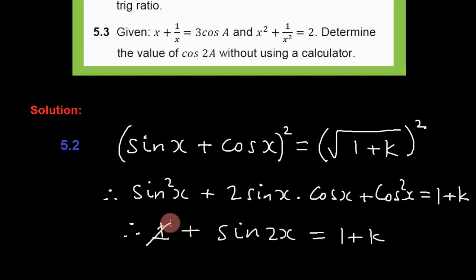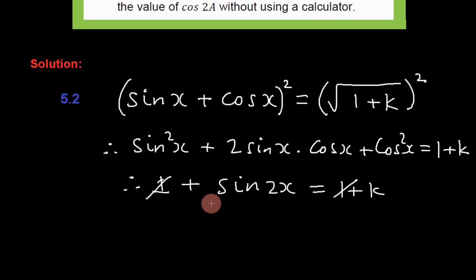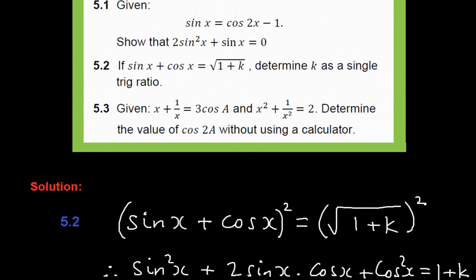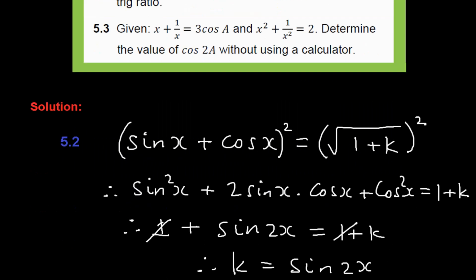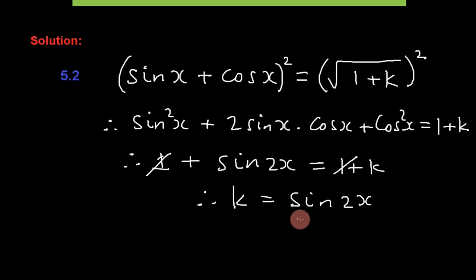The ones cancel on both sides. And we're left with k equal to sine 2x. And now we've answered the question because we needed to write down k as a single trig ratio. And here we have k is equal to sine 2x.